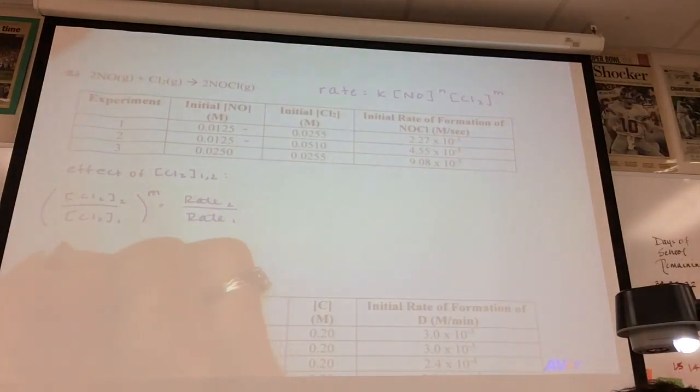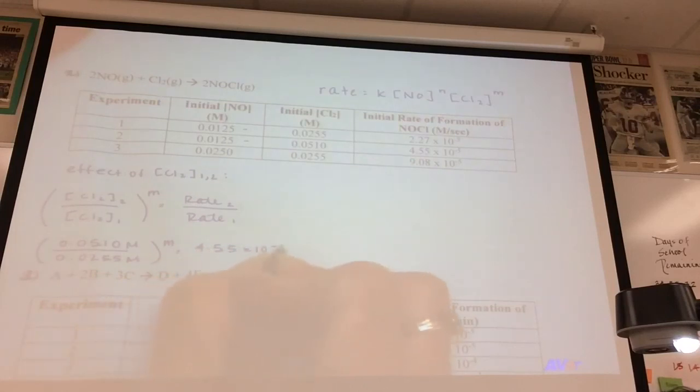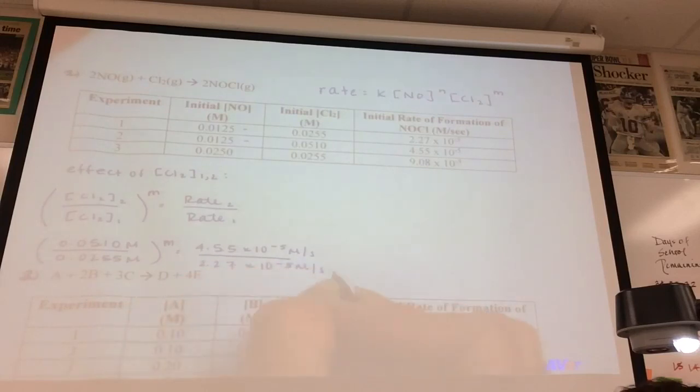That's going to be 0.0510 molar over 0.0255 molar raised to the m, and that's going to be 4.55 times 10 to the negative 5 molar per sec over 2.27 times 10 to the negative 5 molar per sec, and that's going to be 2 to the m is equal to 2.